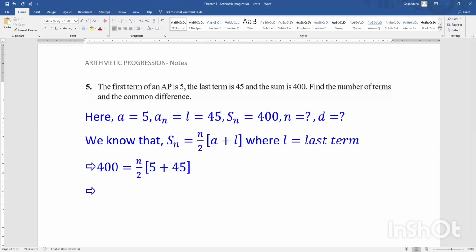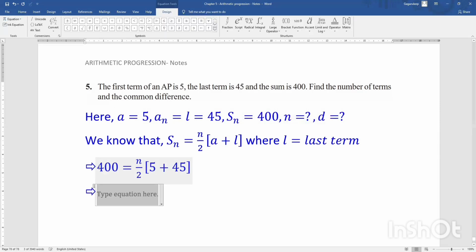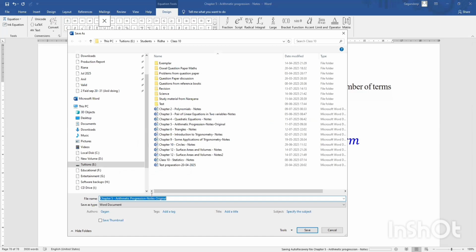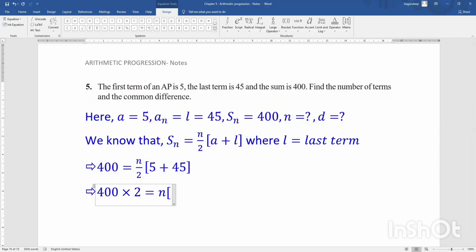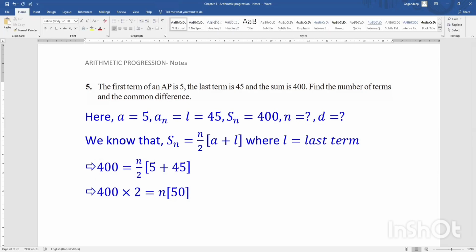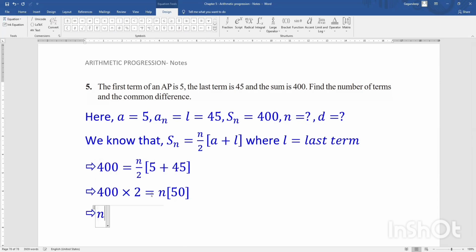Or we can write it as now 400 into 2 equals to n, so here n bracket 50 bracket close. Or I can write n is equal to 400 into 2 by 50.